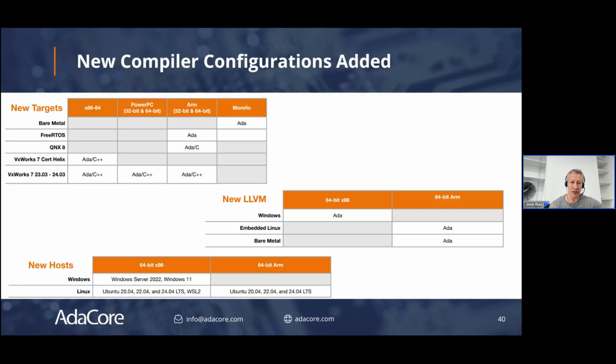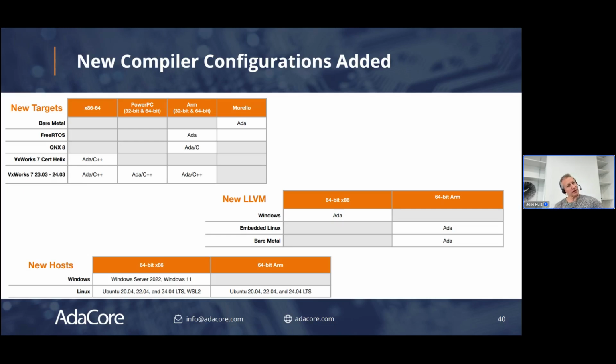For QNX, we now support version 8. On the VxWorks side, we have added support for some new flavors like the Helix hypervisor, which is now supported in our offering, and some new versions of VxWorks 7, like 2303 and 2403.